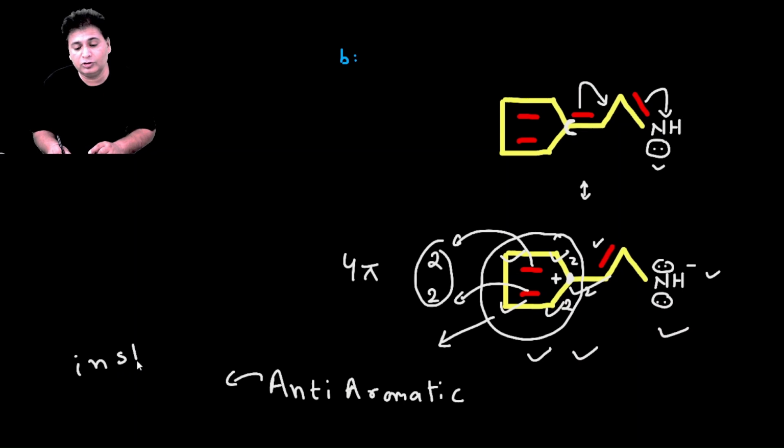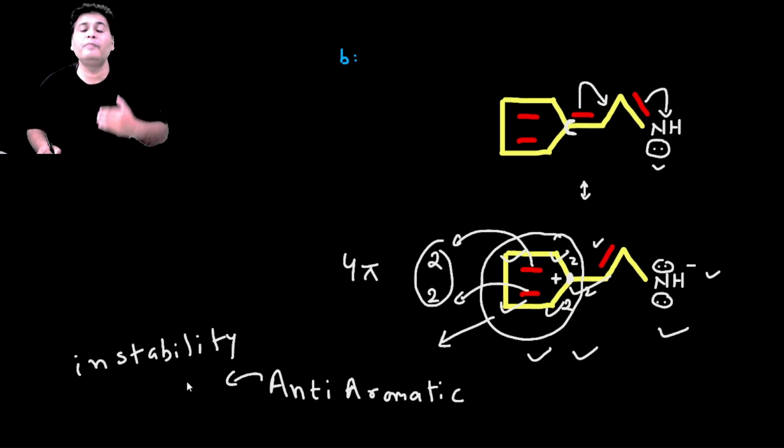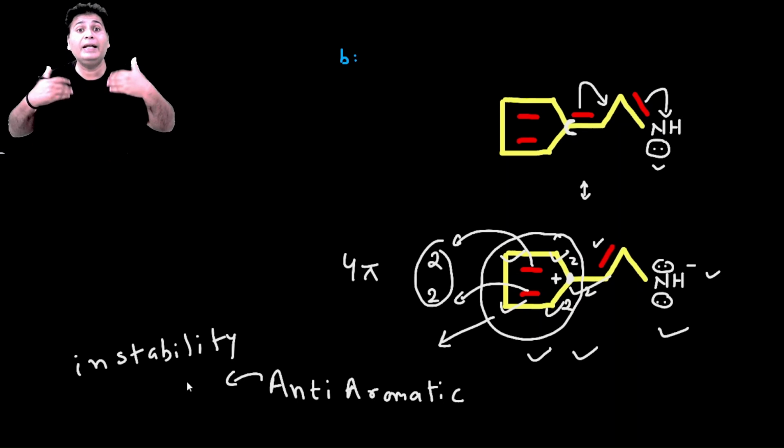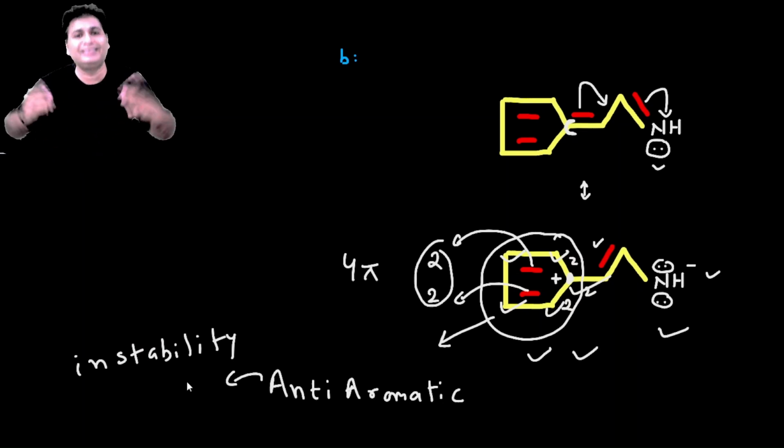So this is not stable, and because of that, the donation of electrons to nitrogen, the extra lone pair coming on nitrogen, is not that much feasible, because in doing so some anti-aromatic character is getting developed, which is not good for the health of that structure. So it will not happen with that tendency.